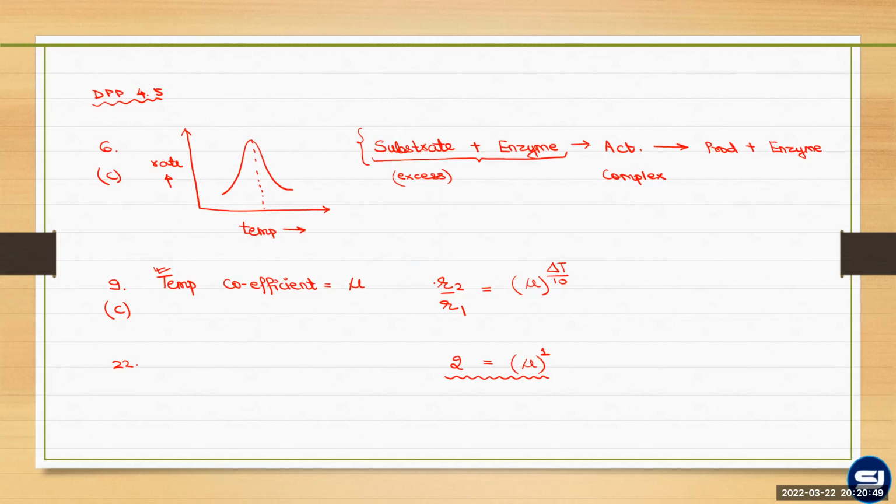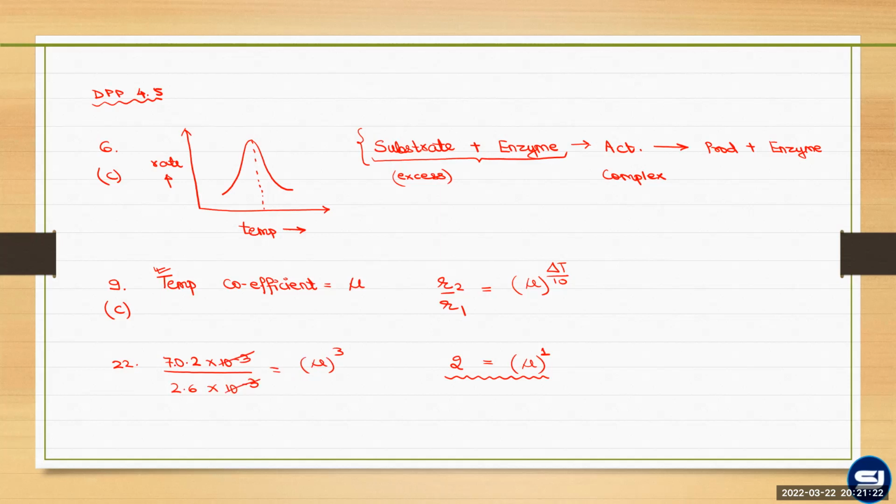So which one will be R2? 7.02. If we convert it to the same power, it will be 70.2 into 10 raised to minus 3, and R1 will be the rate at the lower temperature, which is 2.6 into 10 raised to minus 3. I don't know mu, so mu raised to. Now this delta T for these two rates is 30. So it will be 30 by 10, meaning mu raised to 3.